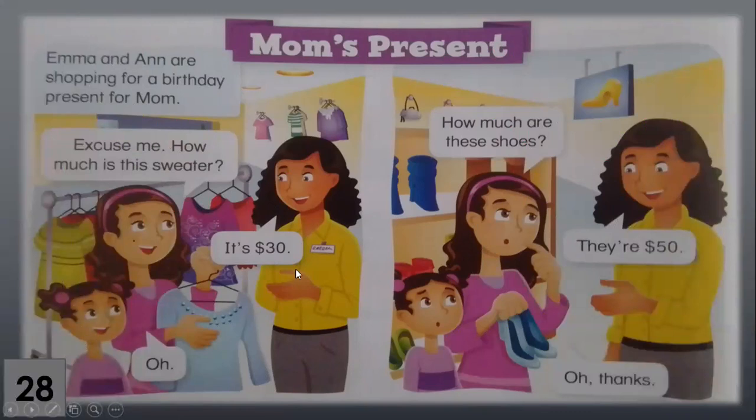What other information can we get from these pictures? Well, the girls are at the department store. And look, Emma is holding, what is that? A sweater. So let's listen to this.